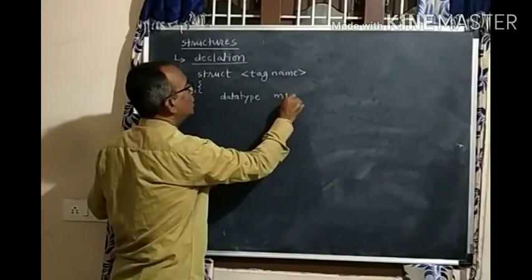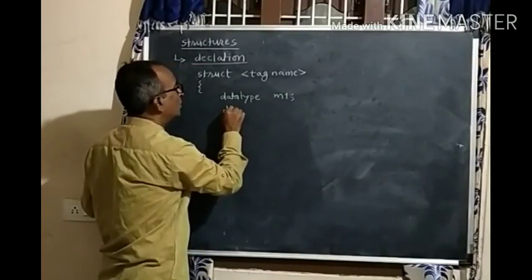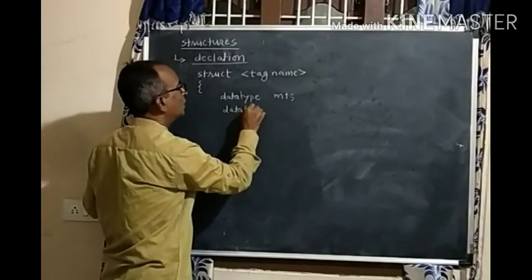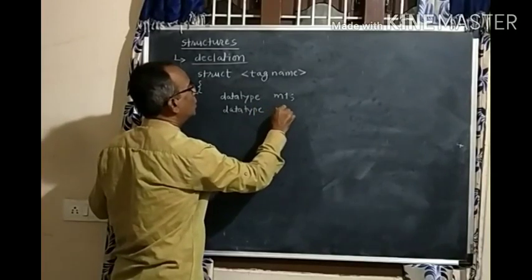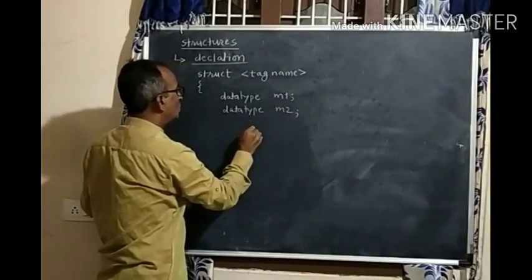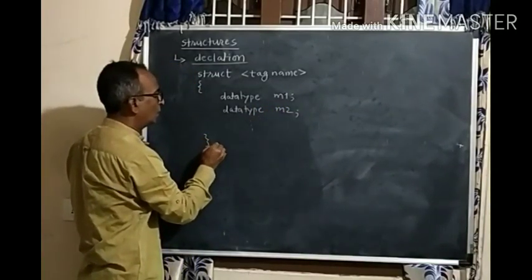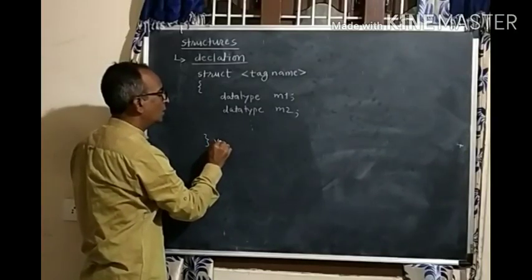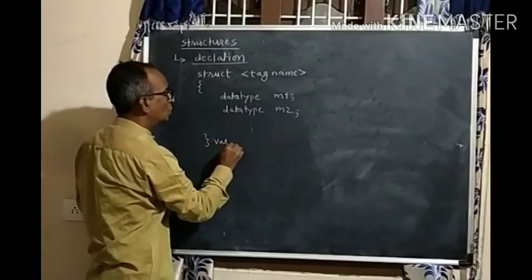Suppose member 1, some data type, member 2, and this goes on. And you can give here variable names also.